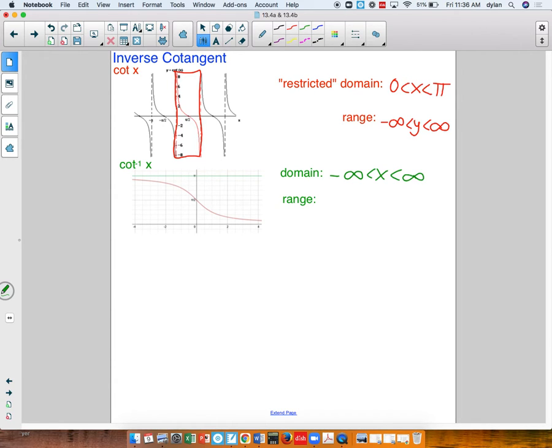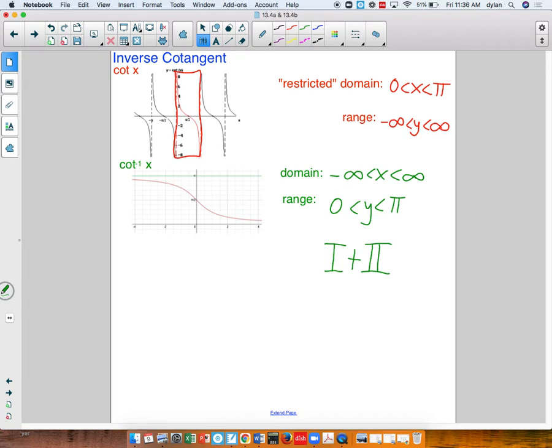And our range would go from 0 to pi, and note that these are not inclusive, because the cotangent function has vertical asymptotes, so the inverse cotangent function has horizontal asymptotes at 0 and at pi. But notice that our allowable range is in quadrants 1 and 2 for cotangent.